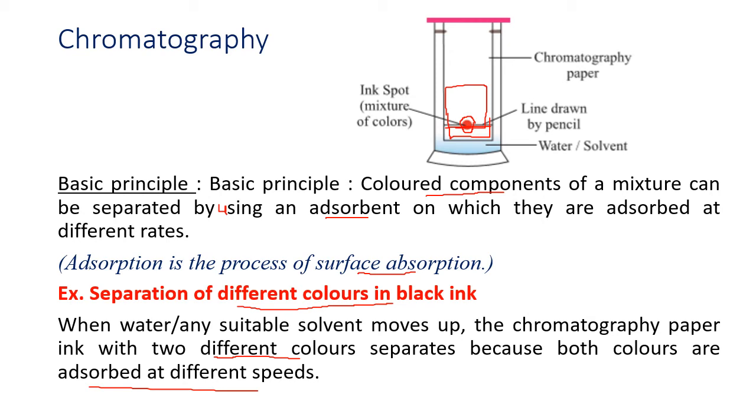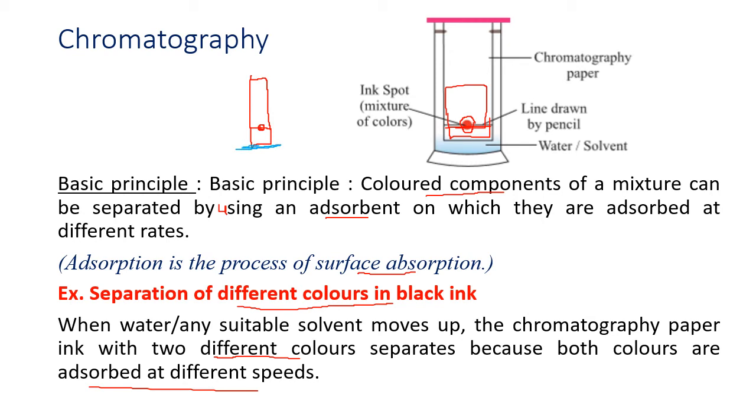Okay. We have a strip of paper. At 3 centimeters we draw a line. Then we put a drop of ink in the middle of this paper. But you have to put the strip of paper inside such that its surface just touches the water.